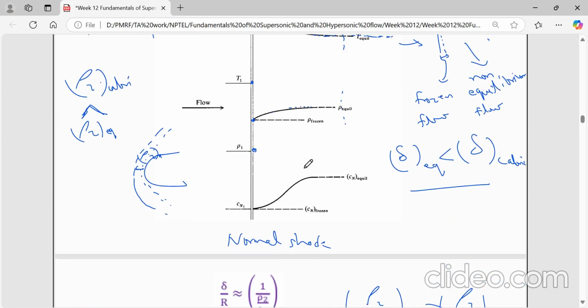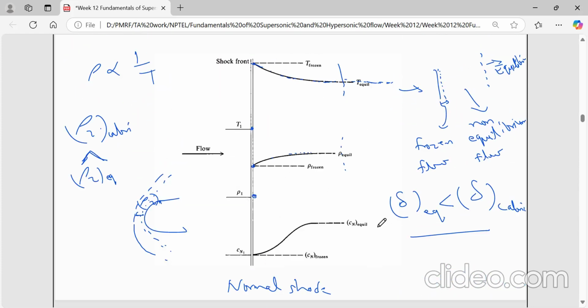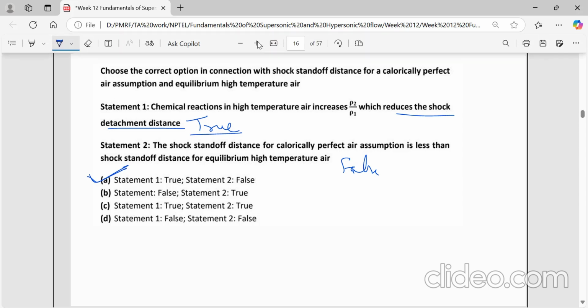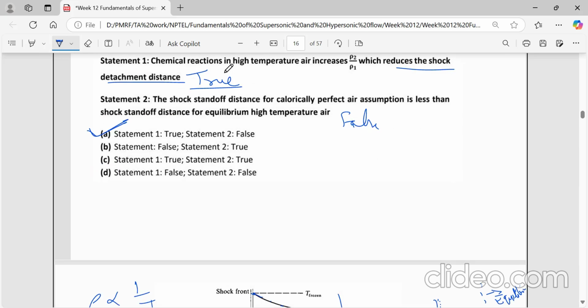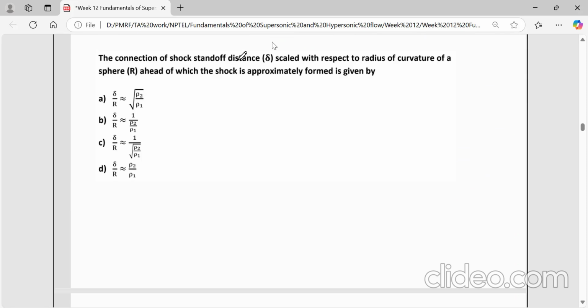We saw that for equilibrium, shock standoff distance will be less than for calorically perfect gas. So this statement is false, because it says that for calorically perfect gas assumption shock standoff distance is less, which is untrue. So which of the options is correct? It is option A, which says statement 1 true and statement 2 false. Now we'll see the next problem.